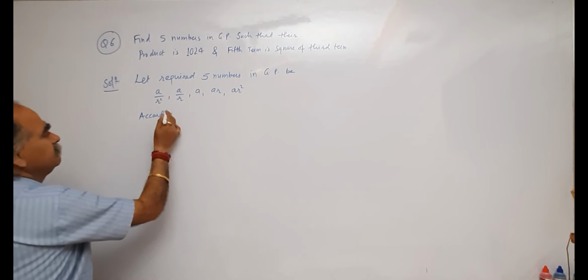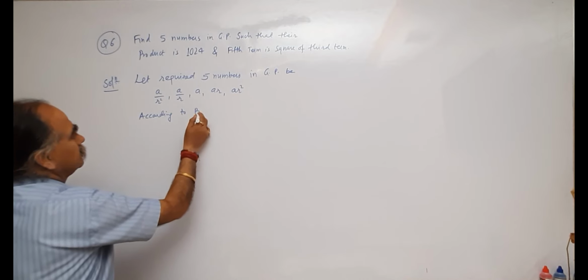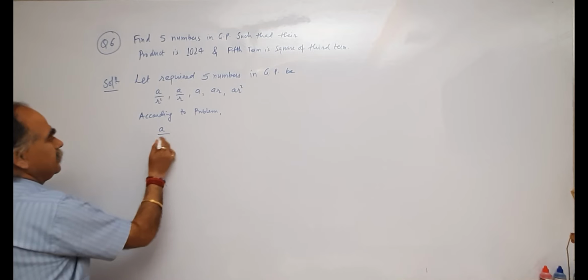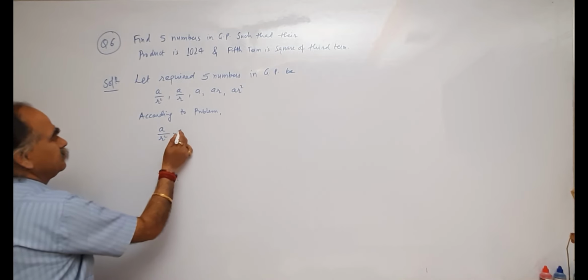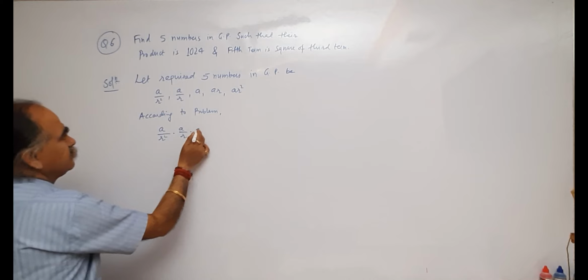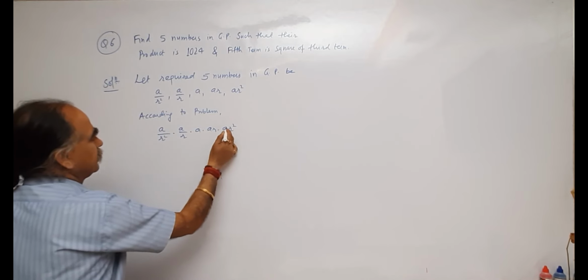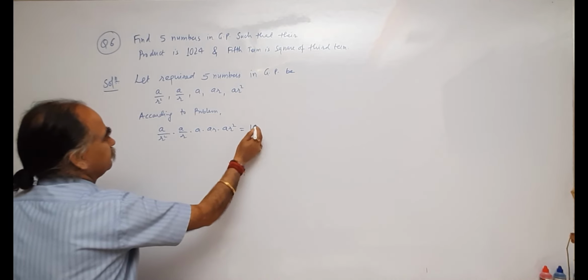According to the problem, A upon R square into A upon R into A into AR into AR square is 1024.